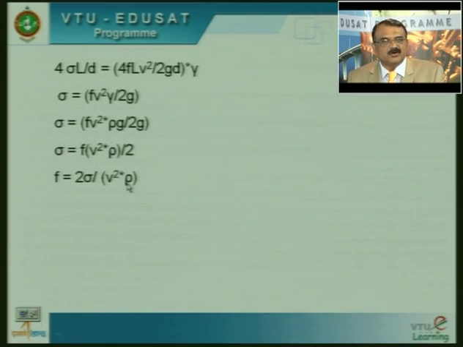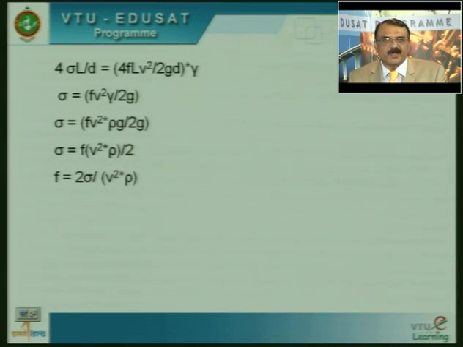What is this rho? Rho is the mass density of the fluid flowing in the pipe. What is sigma? Sigma is the shear stress. What is V? V is the velocity of flow. Remember, we made an assumption that the flow is uniform. Again I repeat, the coefficient of friction is given by 2 times the shear stress divided by V square into rho, or rho into V square, whichever way you feel comfortable, write that.